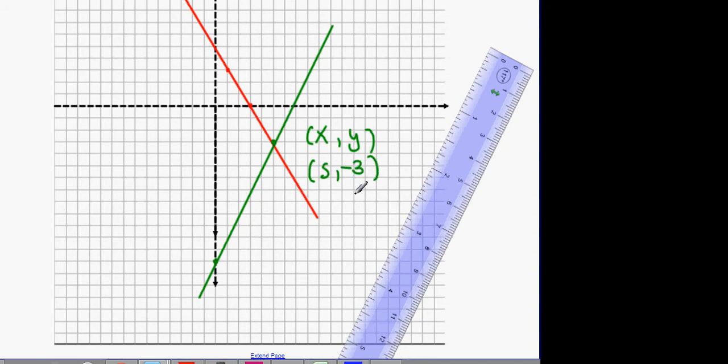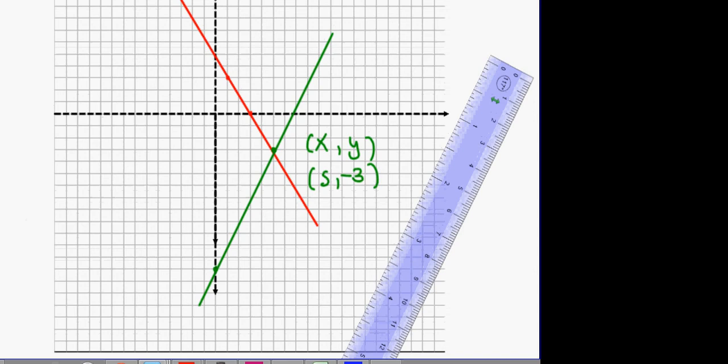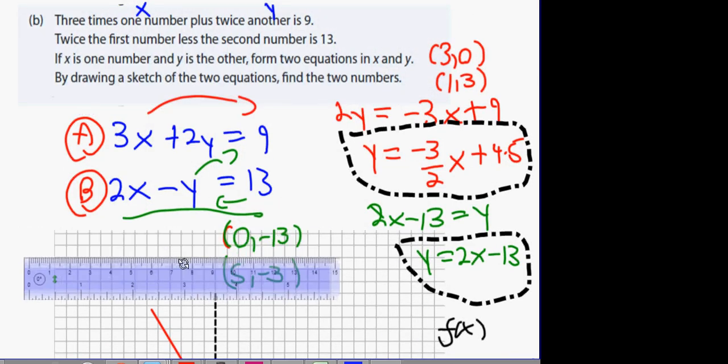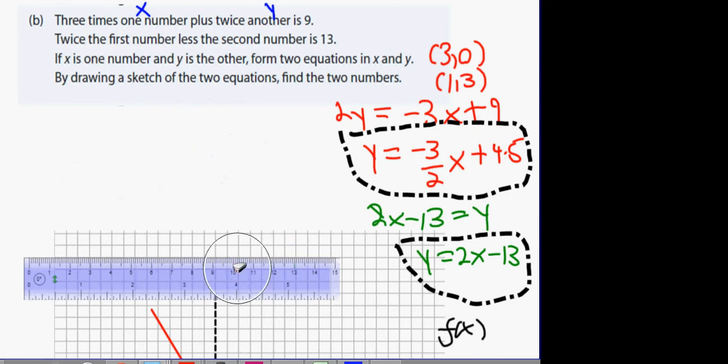Now let's see if those two numbers actually work. Let's go back up the top. Okay. What did I say the answer was? X equals 5 and y equals minus 3. Let's see if it works. Now, 3 times one number plus twice the other is 9. 3 times x, 15.